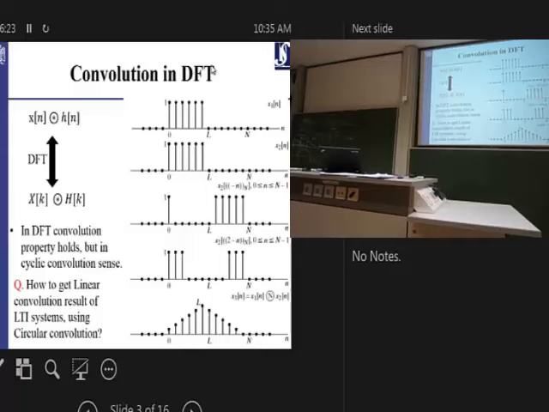When we have the circular convolution, the story is a bit different.